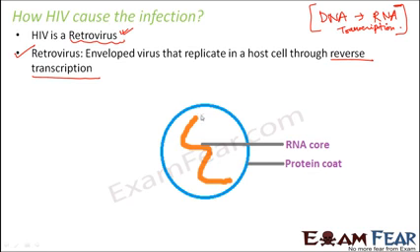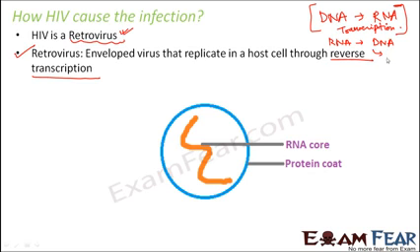So this is how a retrovirus looks like. Inside it has the RNA core and outside it has a protein coat. So this is the viral RNA and this is the viral protein coat. Now what happens is, in case of this retrovirus, once this virus enters inside the body of a host cell, this RNA will form DNA. So it is just the opposite of transcription, that is from RNA to DNA.